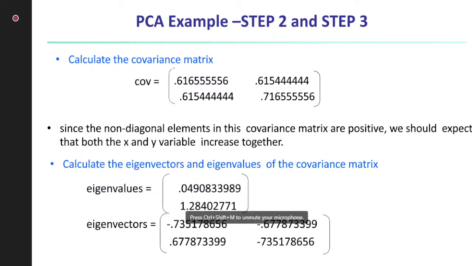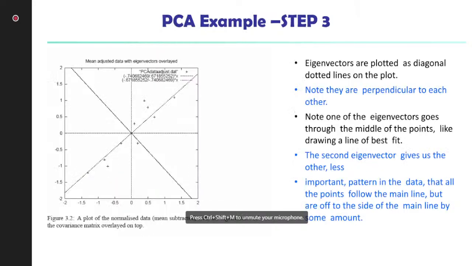So for these eigenvectors, the first one is the first row, the second one is the second row, and the eigenvalues are these. Then we sort the eigenvectors according to their eigenvalues. How many we need, we can simply sort them. So then we calculate the eigenvalue and eigenvector.